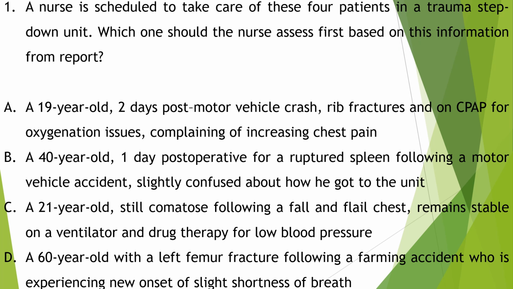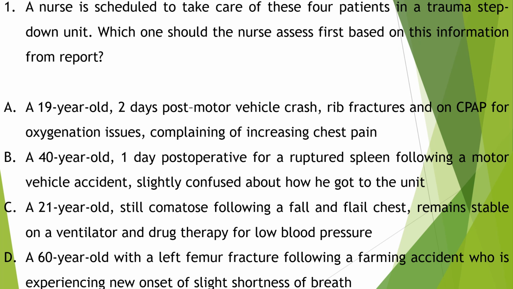A 40-year-old, 1 day post-operative for a ruptured spleen following a motor vehicle accident, slightly confused about how he got to the unit. A 21-year-old, still comatose following a fall and flailed chest, remains stable on a ventilator and drug therapy for low blood pressure.